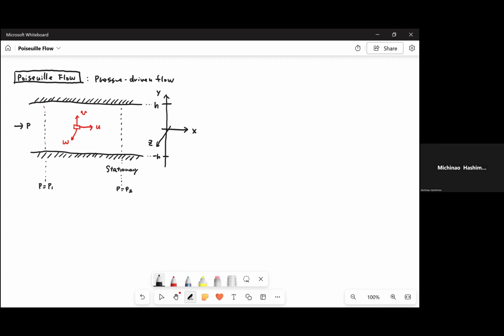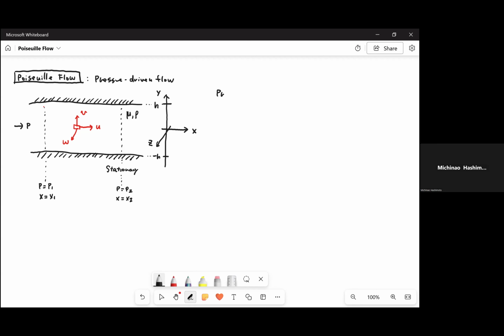For completeness, this fluid has viscosity mu and density rho. Let's also call x at this point x1, and x at the downstream x2.